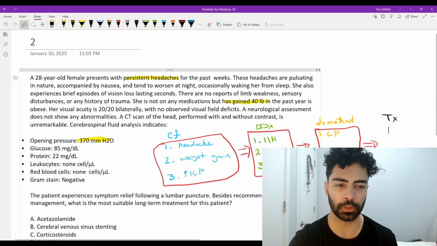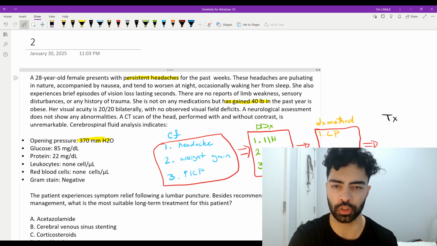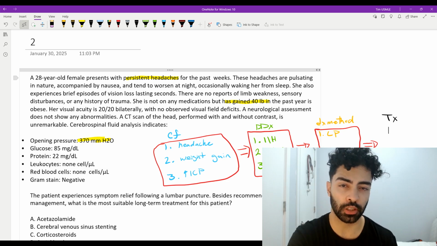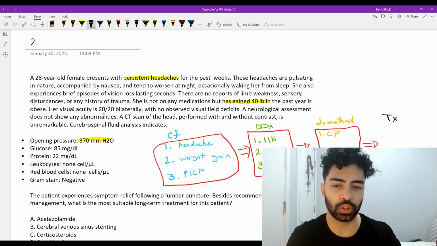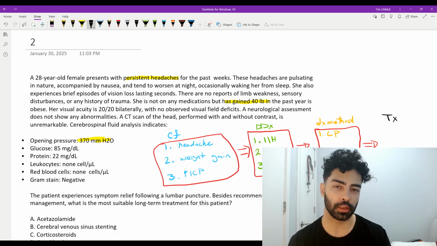Now, a treatment question is often a purely knowledge question. It's not a judgment question, whereas a differential diagnosis question a lot of times is a judgment question. And the judgment really comes from what clinical features you choose to focus on. Anyways, for the treatment, the way we treat idiopathic intracranial hypertension is that we first want a lumbar puncture.